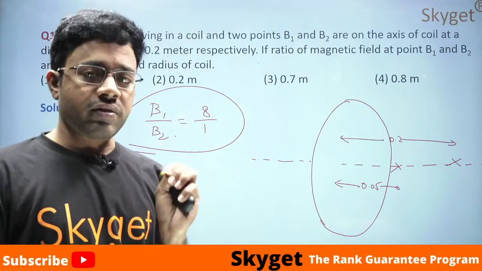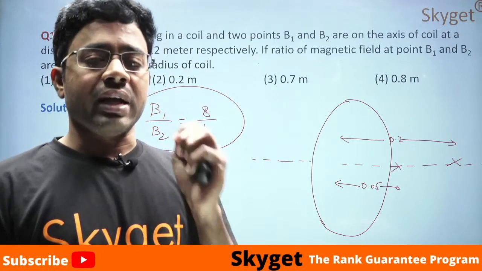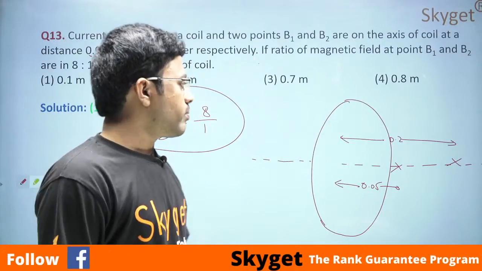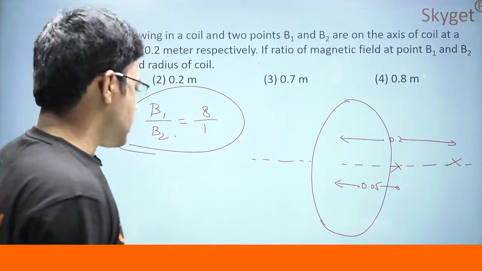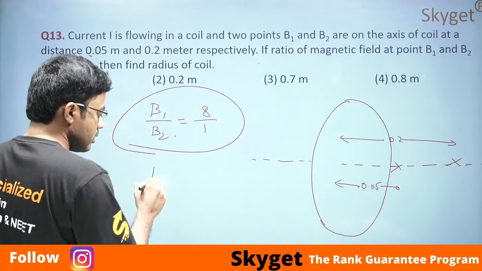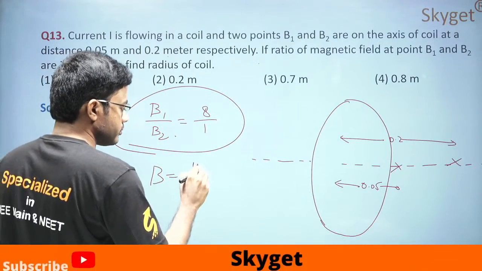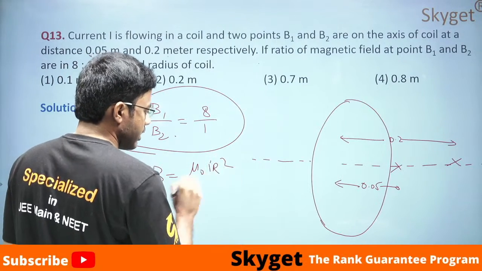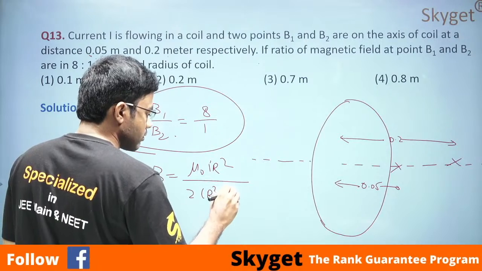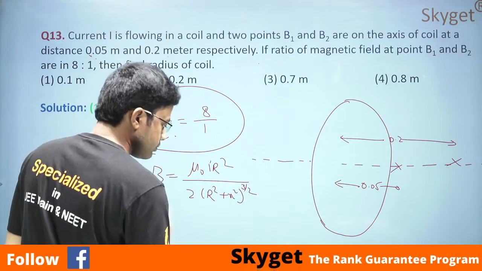What is the formula for finding the magnetic field intensity at a point on the axial line of the current carrying coil? As there is only one turn here, one coil, you can write B is equal to mu naught I R square by 2 into (R square plus X square) whole power 3 by 2.